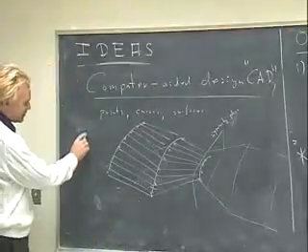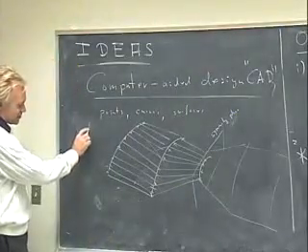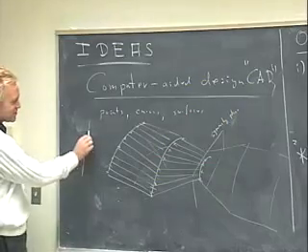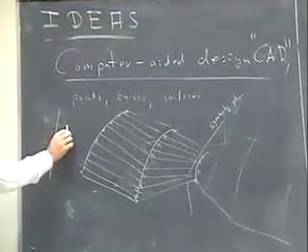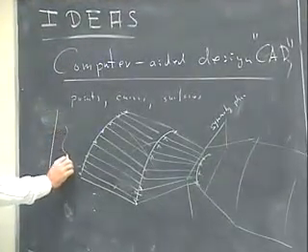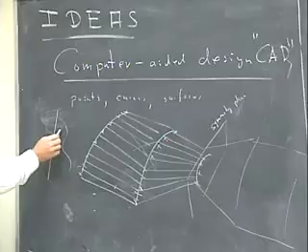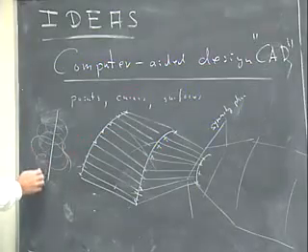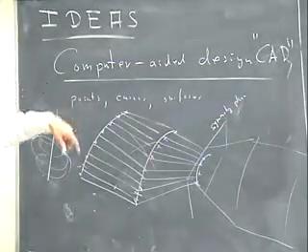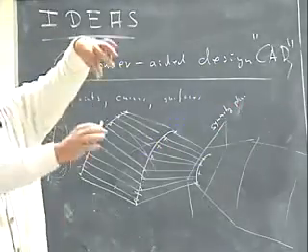I specify an axis, I specify some kind of shape, and then I rotate it around. Specify one curve, an axis, and then you rotate everything around.